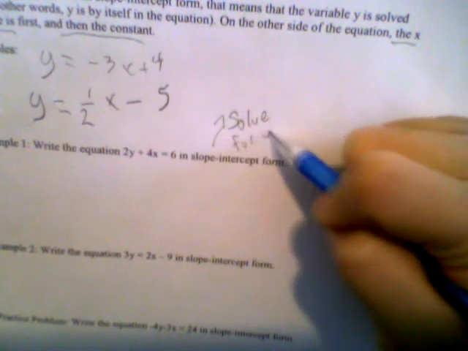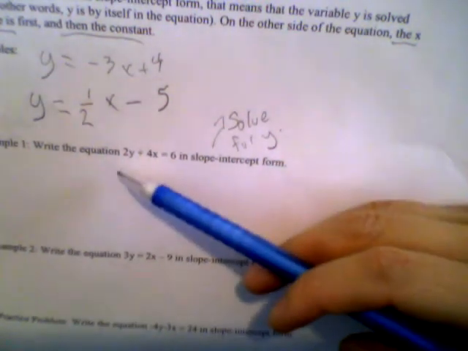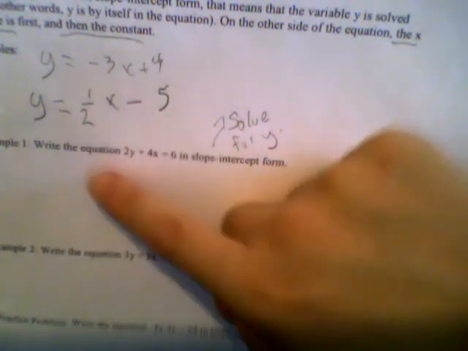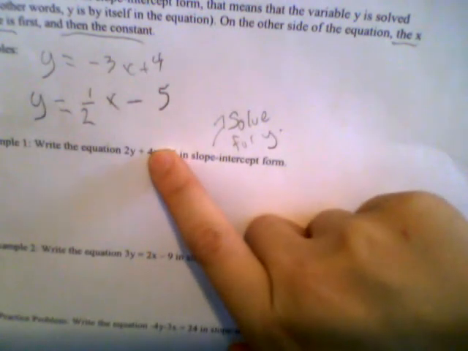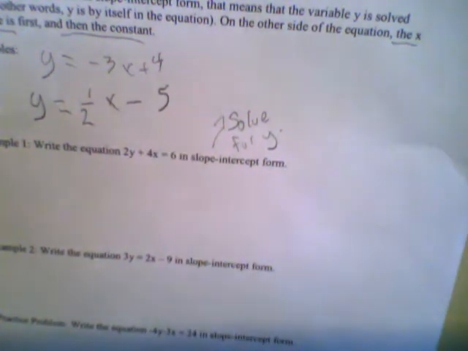Next week we'll talk more about what slope-intercept form can be used for, but for now, we just have to learn how to solve for y. I'm looking at this equation, and I have to think, how can I get y by itself? An easy way to think about this is, if this were 2y plus 4 is equal to 6, to get y by itself, you would subtract on both sides. So that's what we're going to do right here.